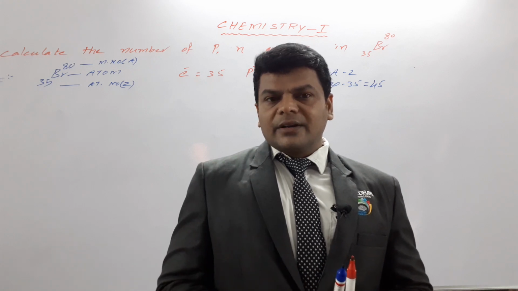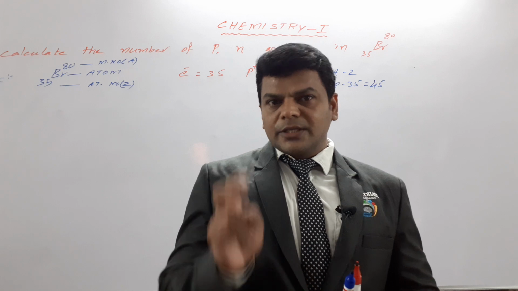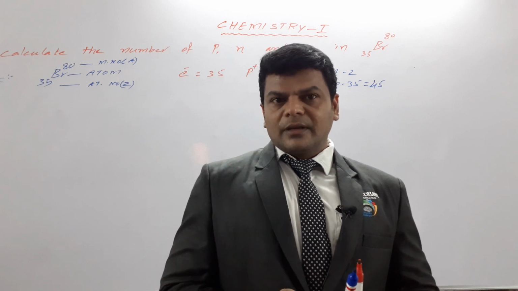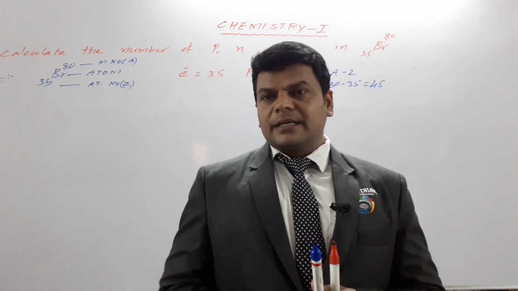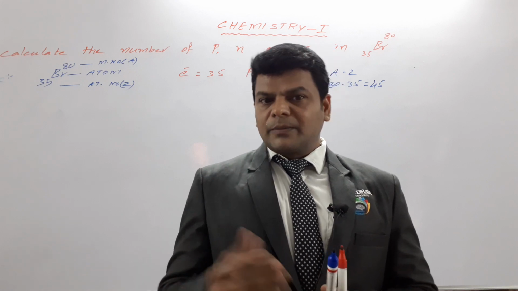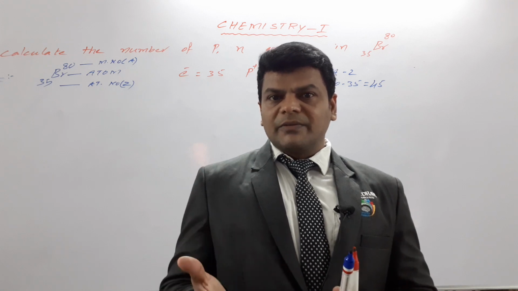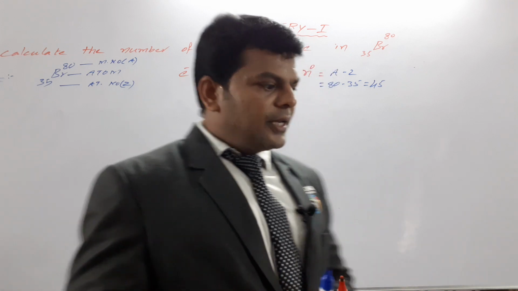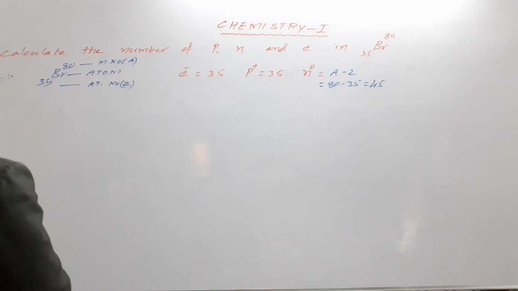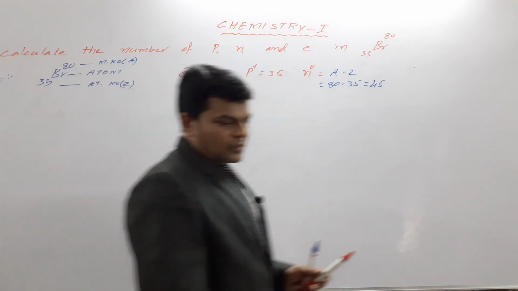After gaining electrons, anions are formed from the atom. So ions are of two types based on charge, cations and anions. If any atom loses electrons, it forms a cation, and if any atom gains electrons, it forms an anion. So this is the problem we have to solve.